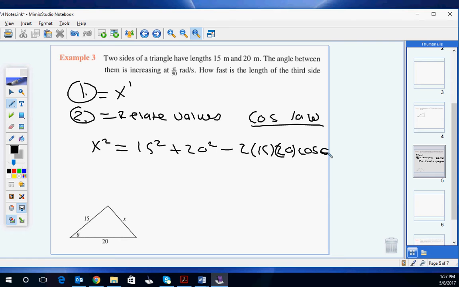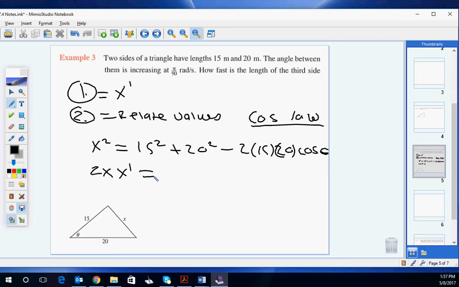Essentially, can I just take the derivative from here? Are you okay with that? If I take the derivative from here, it's 2x prime. Like Emily just said, the 15 and the 20 are gone because they're constants. This right here is 40, 400, 600.